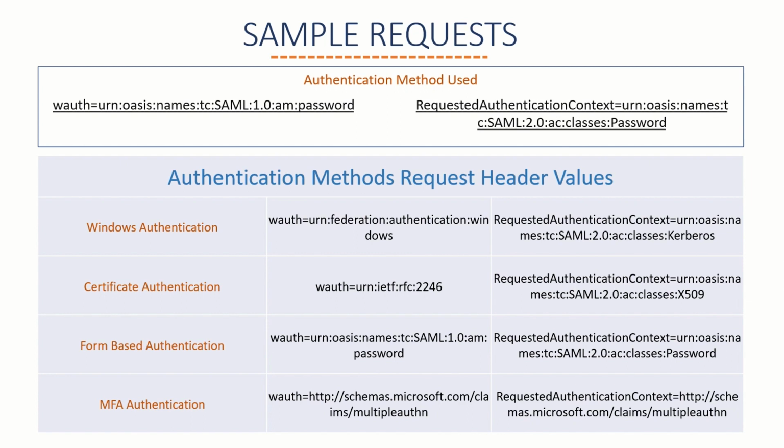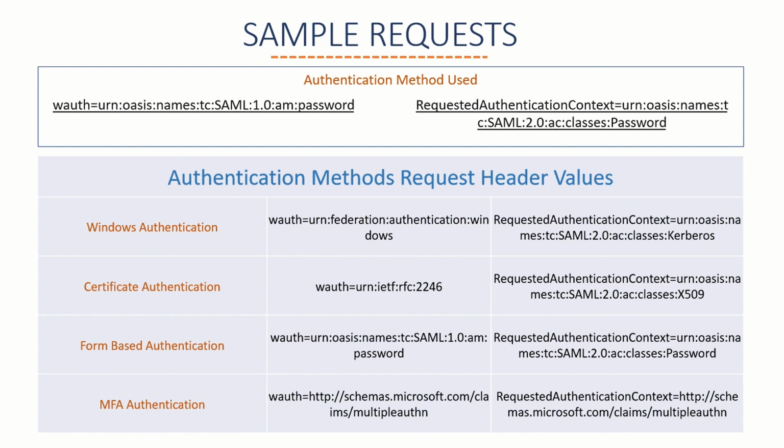But I'll explain this with one more example. Let's say your application is using SAML and you want certificate authentication to be presented to a user. Then this is the value that you will be sending in the redirect request from your application to your identity provider.